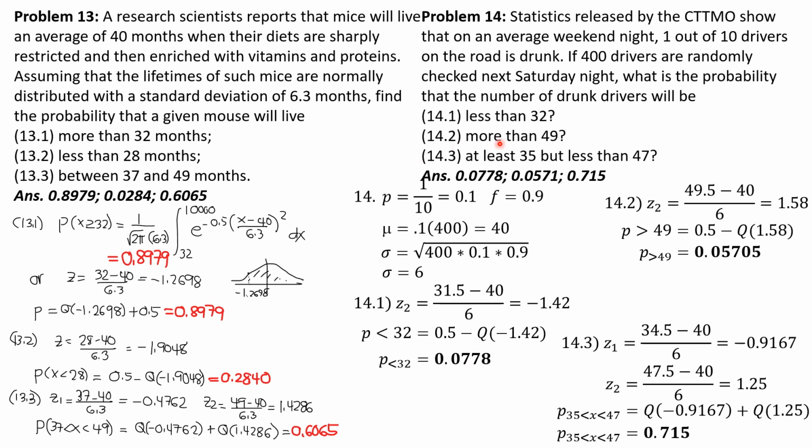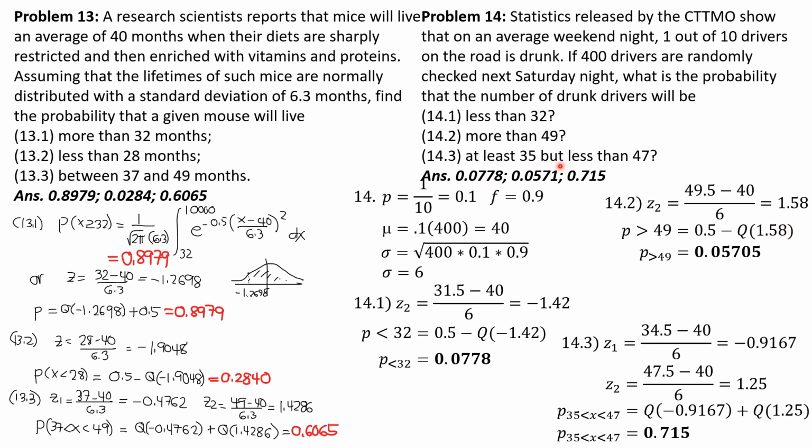For 14.2, more than 49, then to the right of 49 is 49.5 minus 40 over 6, 1.58. So that area is 0.5 minus Q of 1.58, which is 0.05705.